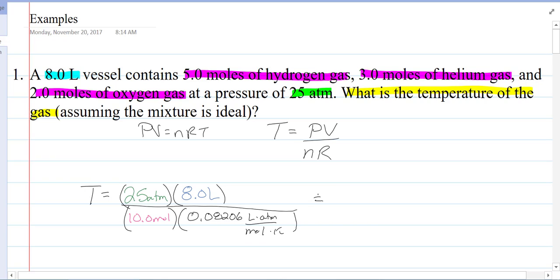So if we do this math for temperature, temperature is going to be 244 Kelvin. It gives me negative 29, just so we know, negative 29 degrees Celsius. That's number 1. Number 2.